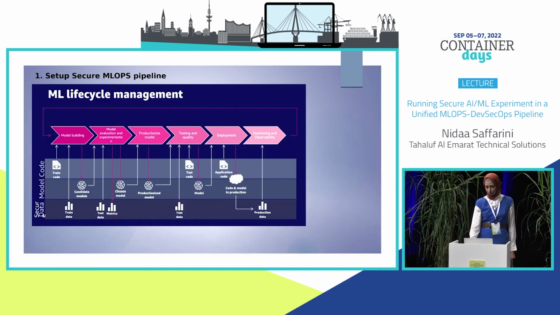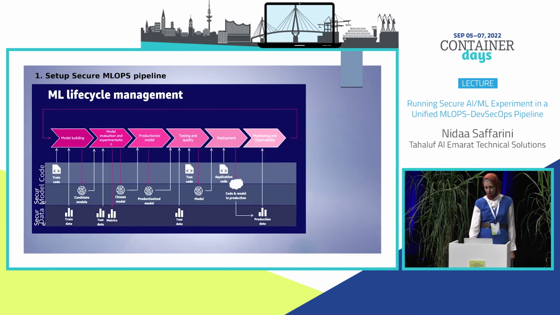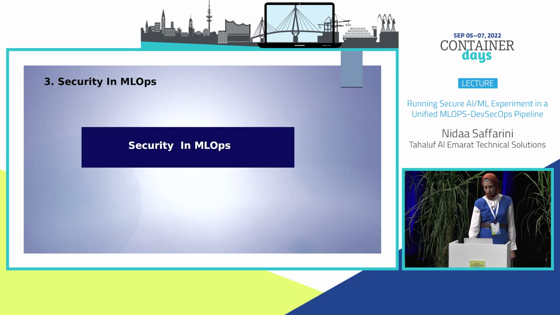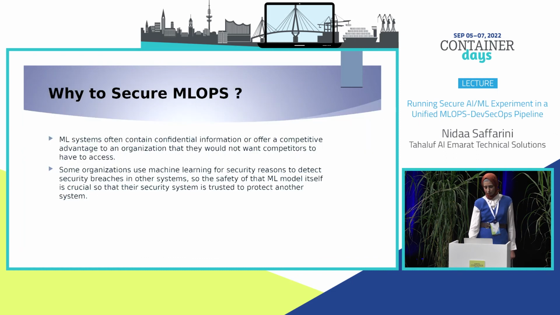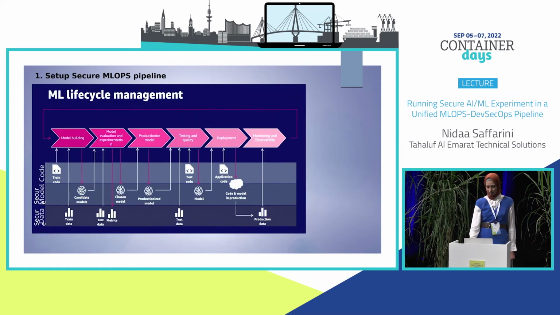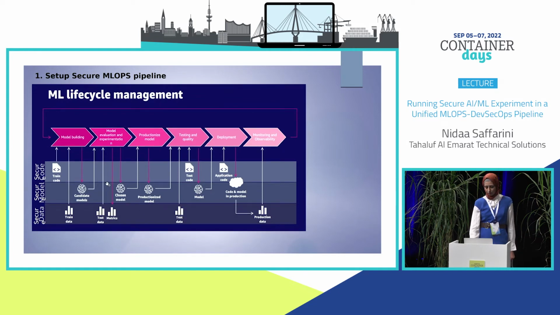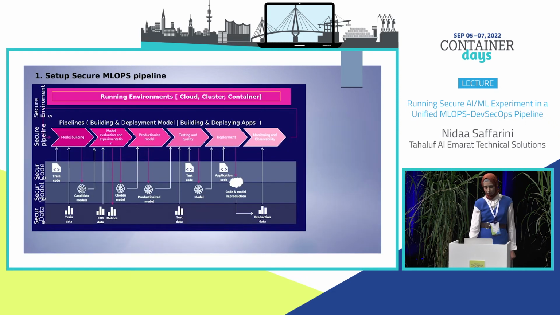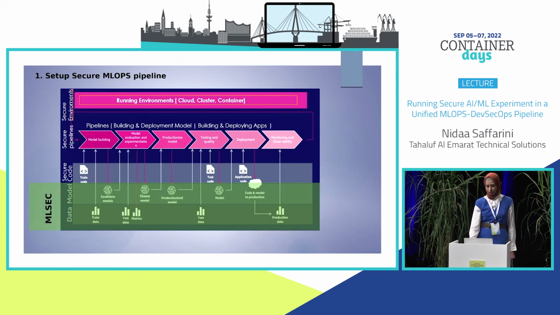So when we need to talk about security, to secure MLOps we first need to secure the data layer, secure the model layer, and then secure the code, then secure the pipeline and secure the environment.